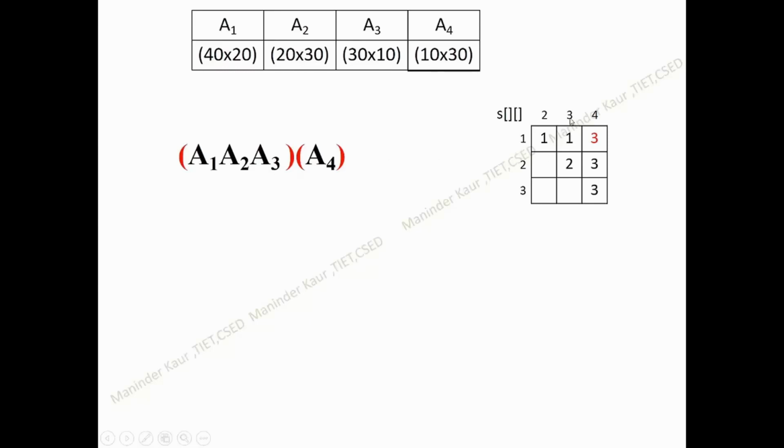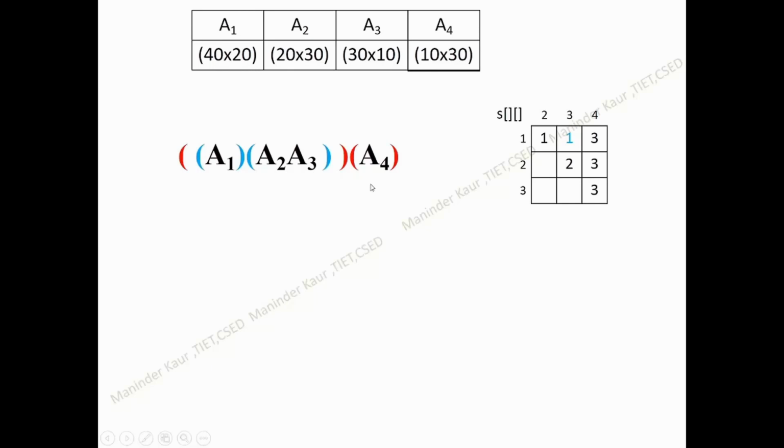That is 1 within the array. That means we will be splitting after the index 1 matrix. So this whole group A1 to A3 will be further divided into two groups: one will have A1, another will have A2 and A3. Like this, A1, A2 and A3, and A4. That's all for the ordering.